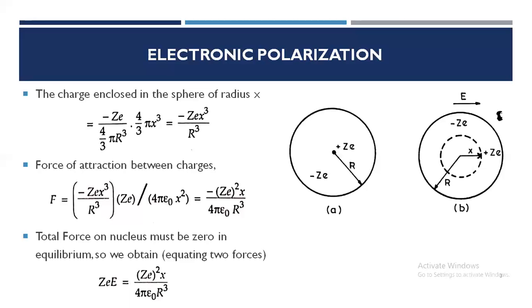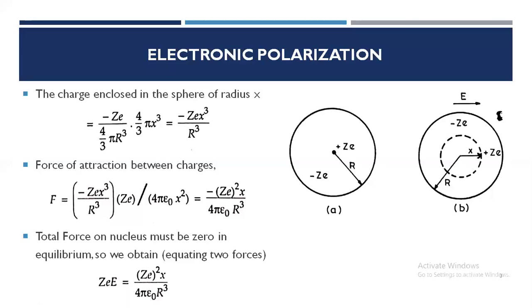We can consider figure B, which shows the centrally placed positive charge plus Ze displaced from its original position by the distance x, shown here with plus Ze. Under equilibrium condition, the positive charge remains at a distance x from the center due to two forces.